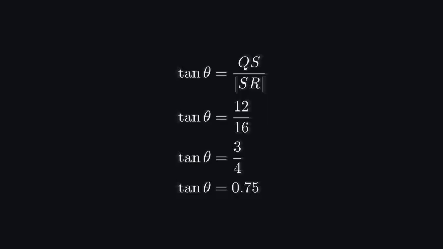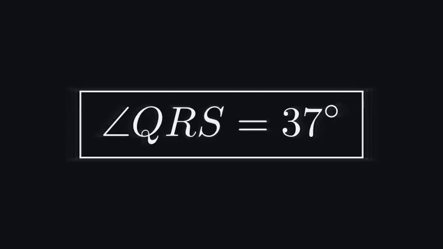Tan of theta equals 0.75. Continue the aligned calculation. The next steps are shown one line at a time. Therefore, angle QRS equals 37 degrees, correct to the nearest degree.